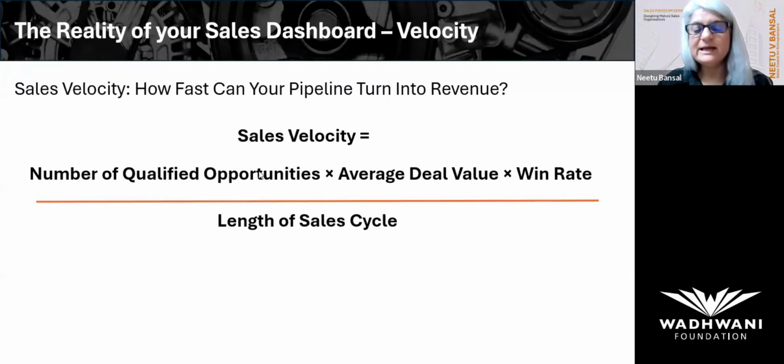The last one is velocity. Velocity means how fast your pipeline can turn into revenue. This is different from your sales cycle. For some of you, the customer sales cycle is 3 months. Some have a sales cycle of 1 week, some 1 month, some 1 year.